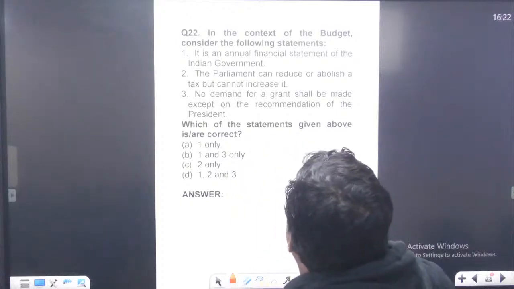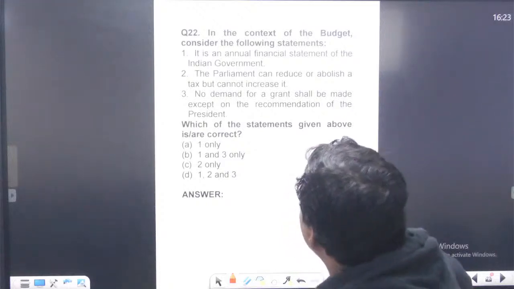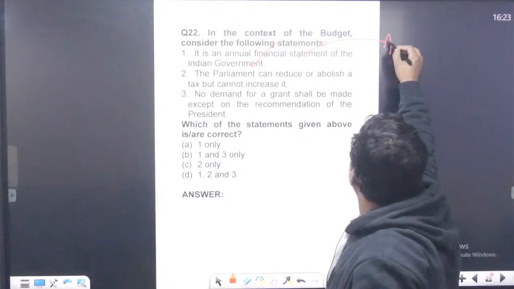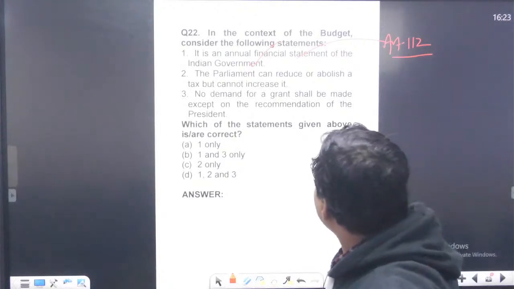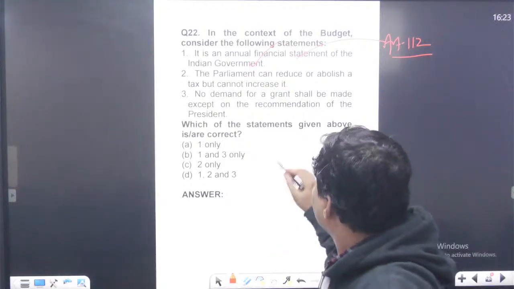In the context of the budget, consider the following statements. It is an annual financial statement of the Government of India. Yes, I told you that, Article 112. The Parliament can reduce or abolish tax but cannot increase it. Yes, right. Why?